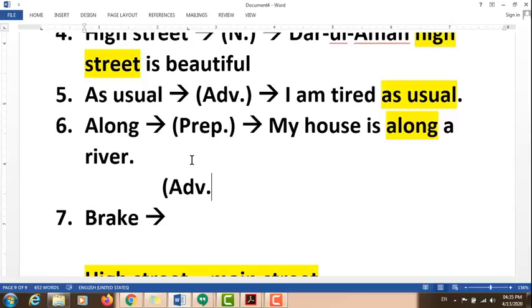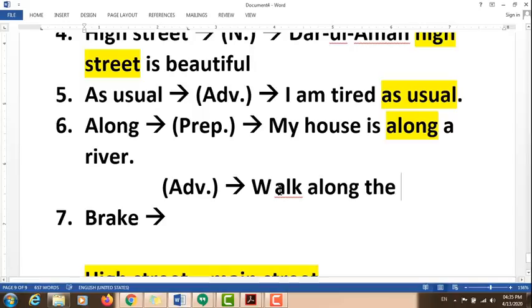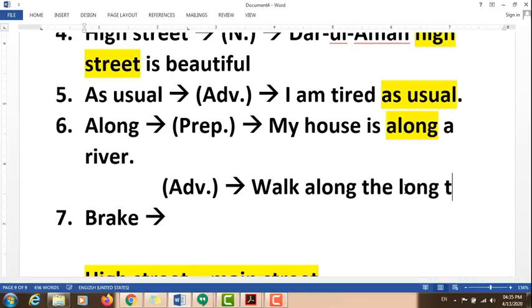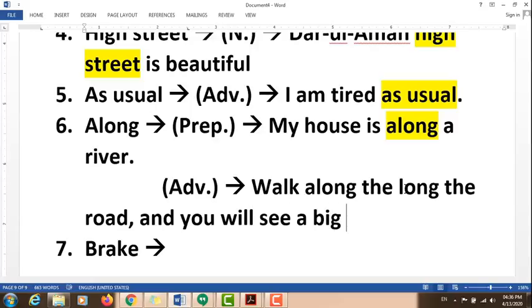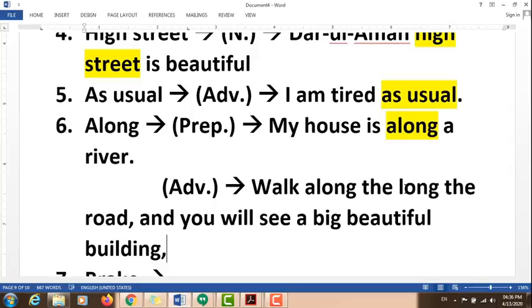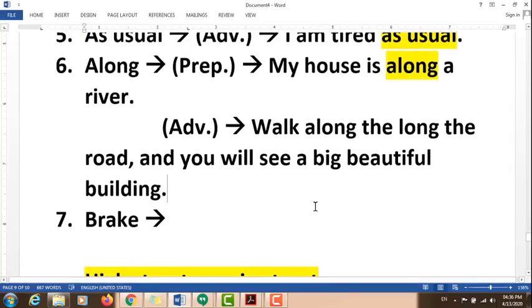This is how you say it: Walk along the road, and you'll see a big beautiful building. در امتداد سرک قدم بزن و تو میبینی یک ساختمان بزرگ و مقبول.